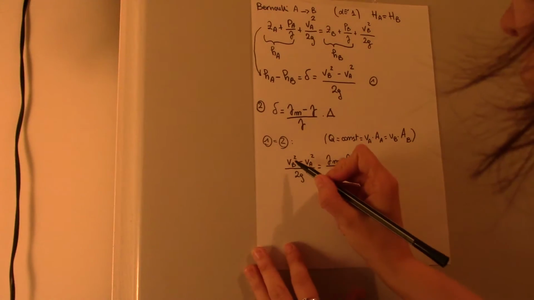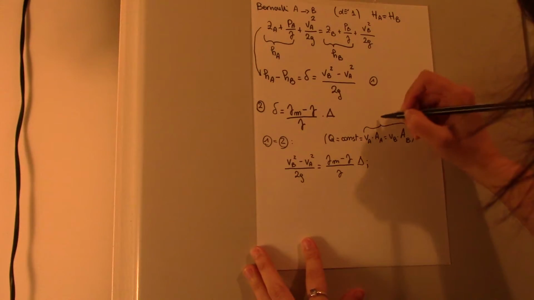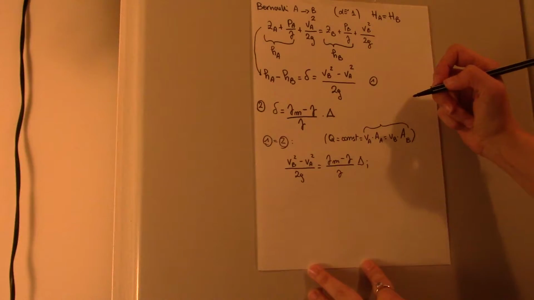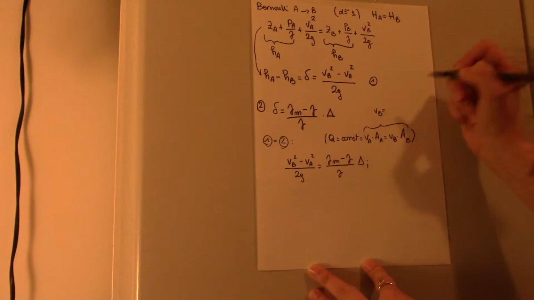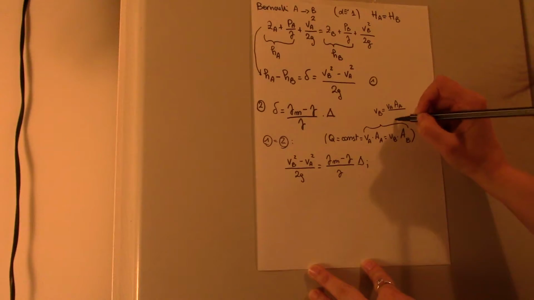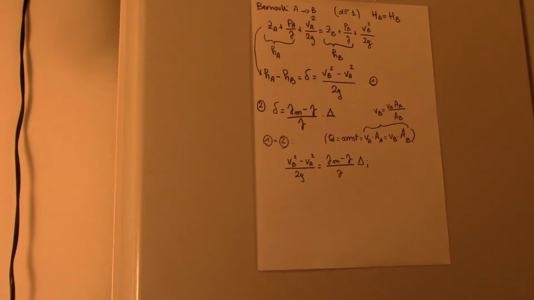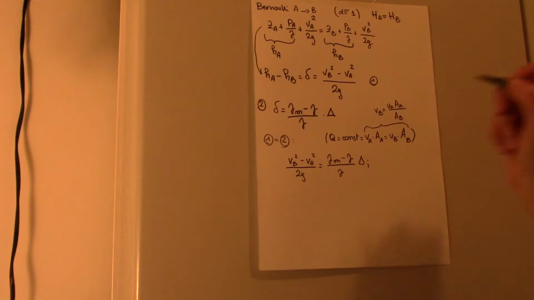Else, from this one, I can say, for example, that VB is equal to VA AA over AB, and Q is equal to... one moment.